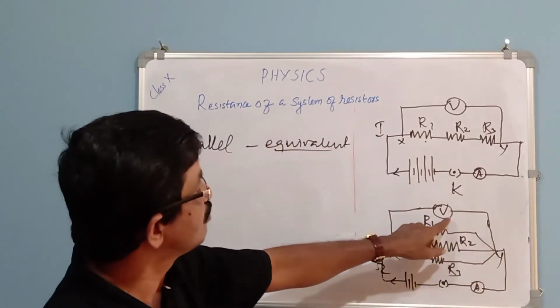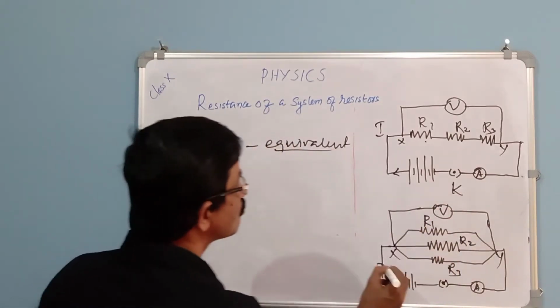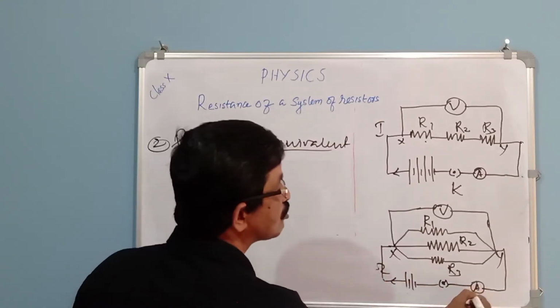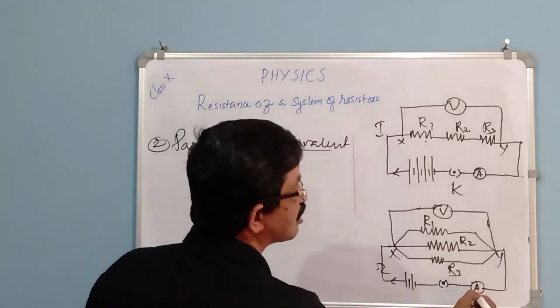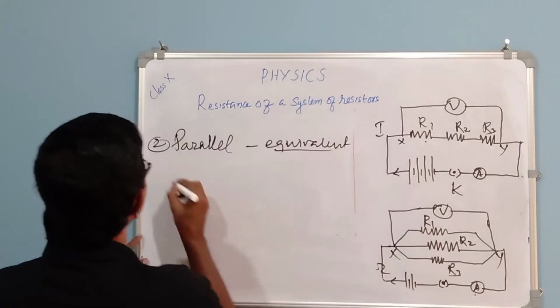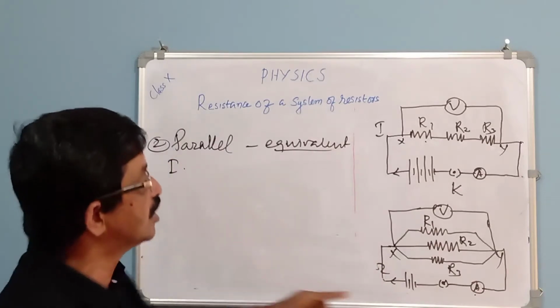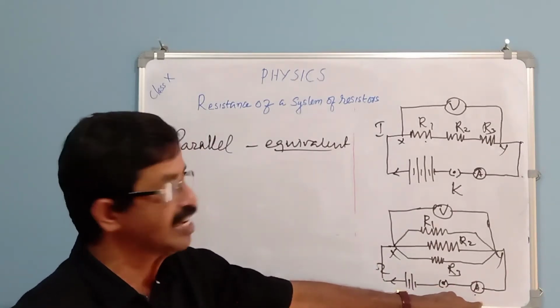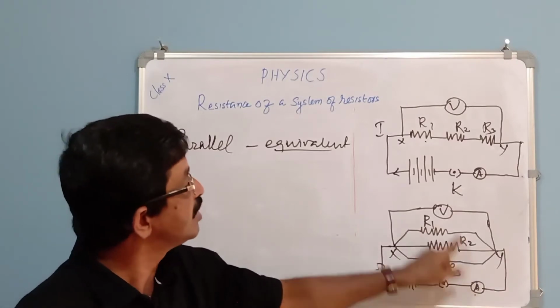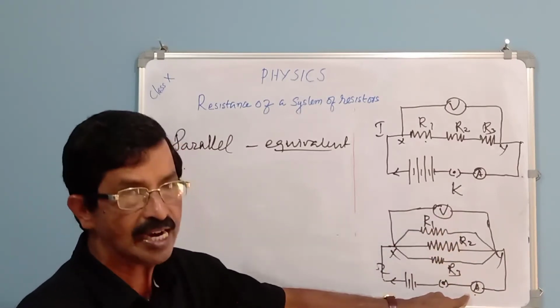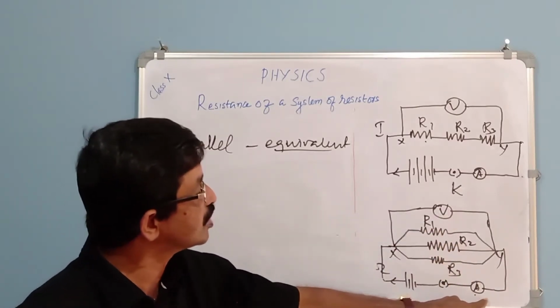The current through the circuit we can measure using an ammeter. Let I be the current shown by the ammeter when the resistors are connected in parallel, the total current through the circuit.